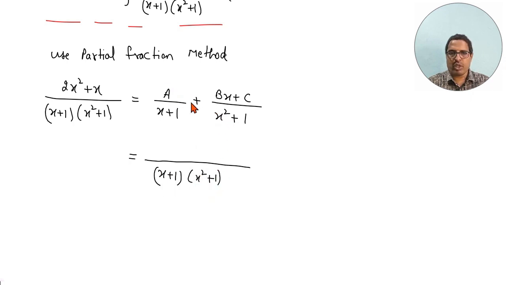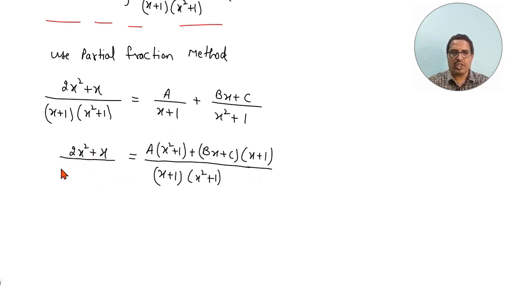Just cross multiply this one. It is a times x square plus 1 plus, again cross multiplying, bx plus c times x plus 1. So just cross multiplying, we get this expression. On the left hand side, this value will be the same, divided by x plus 1 into x square plus 1.